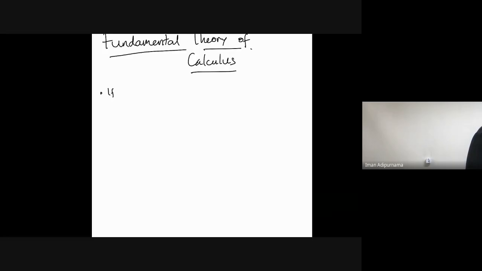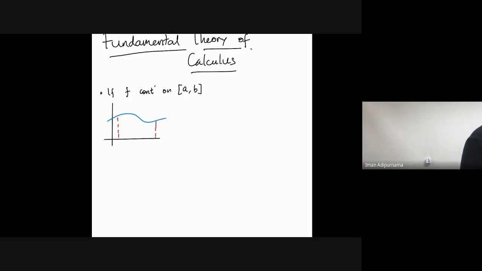So if we have a function continuous on [a, b], let's say that is our function. This is a, this is b.